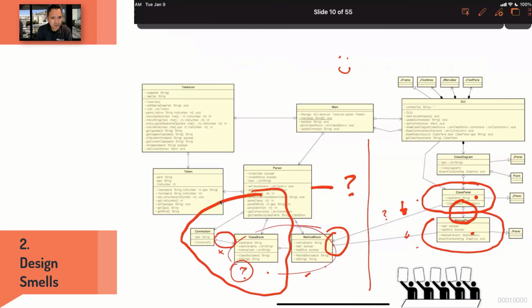Of those two, one is inside the other, so they should probably be connected differently. Again, it could be fine, but this raises suspicion about whether the source code is really working this way.